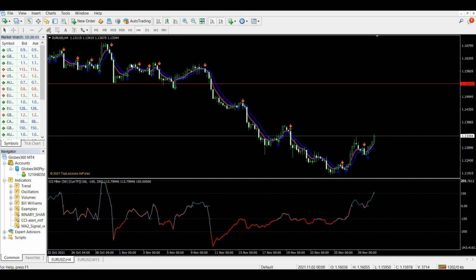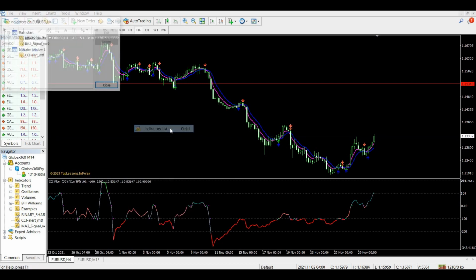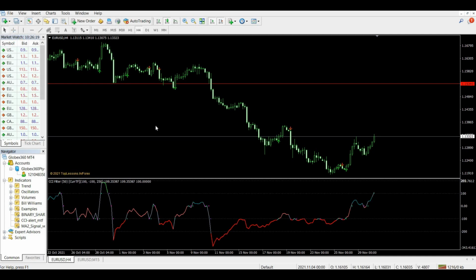So what would I use if I was the person using this? I would only use the binary as well as the CCI, but I wouldn't use the moving averages. That is just my point of view. If you feel like you would like to use it, it's really up to you, but I need to be more honest when I'm doing my reviews.